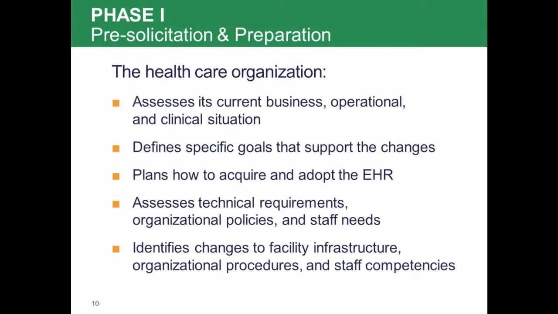It is important to identify a leadership team to gather information and solicit feedback from decision makers and potential users, perform research and analysis, and to coordinate the pre-solicitation effort.